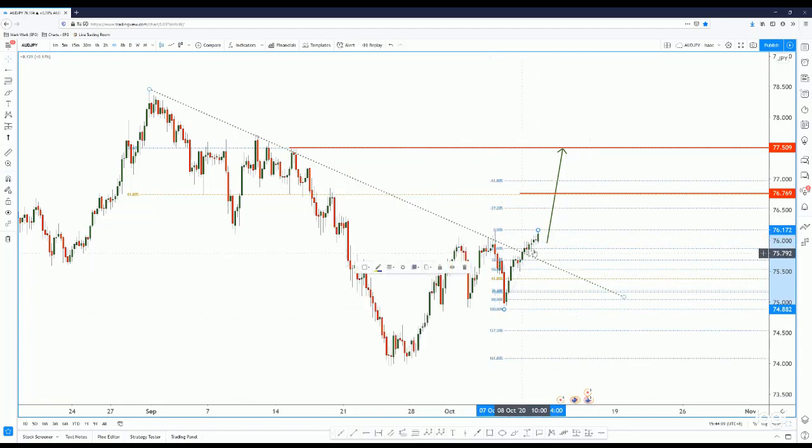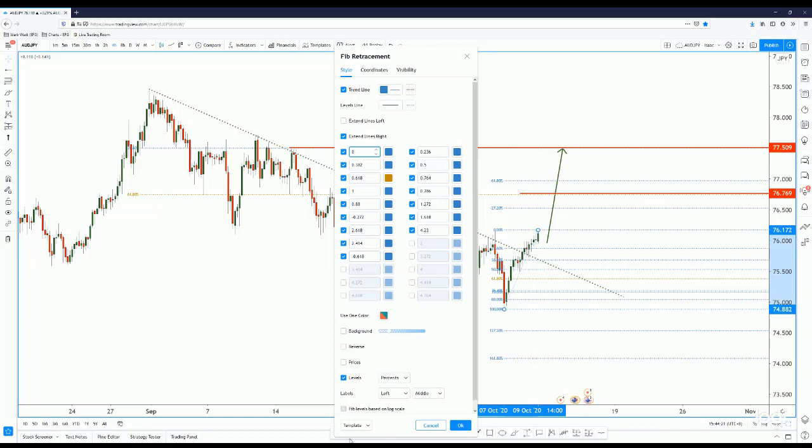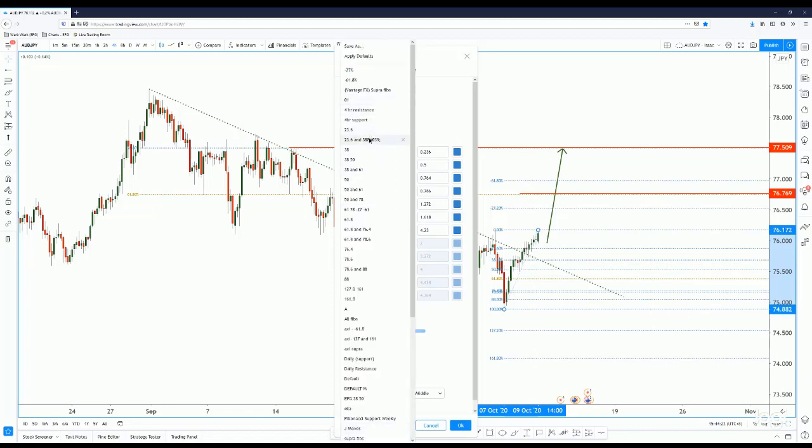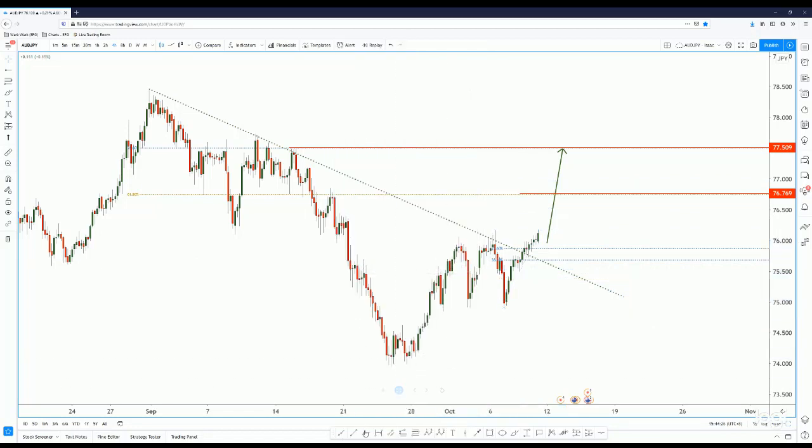We have the 23.6% over here, and then the 38.2% just in line with the descending trend line support. So I'm just going to go ahead and highlight the 23.6 and the 38.2 and put in the support levels.